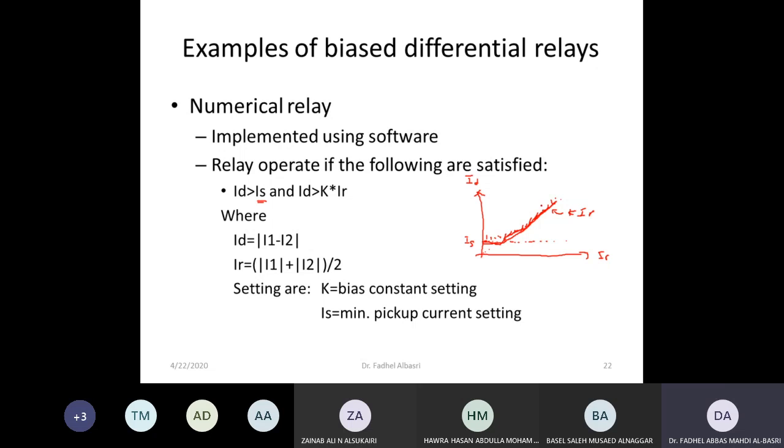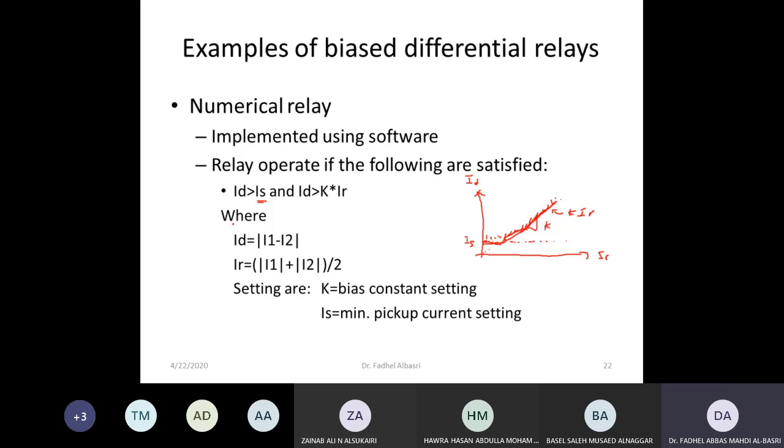So this is a single slope, and this slope is the K. So you need these two settings, IS and the slope, and the two inputs for a relay.